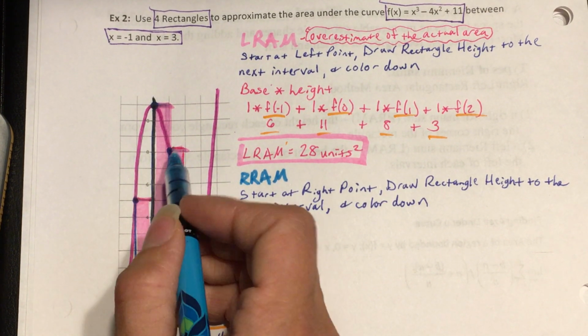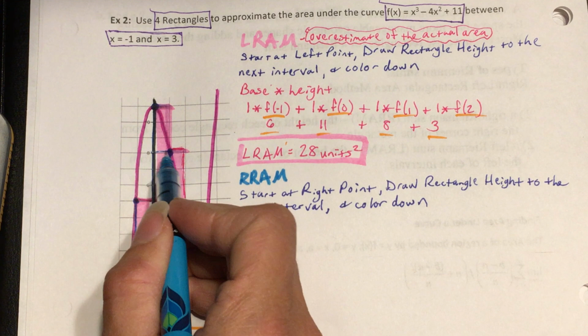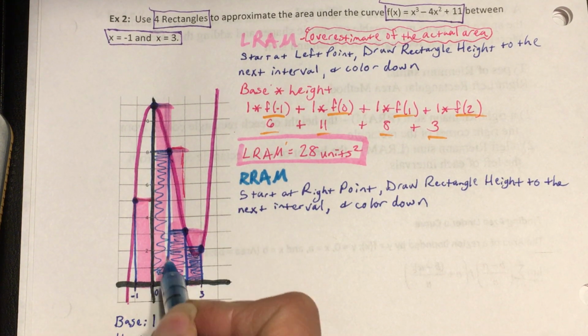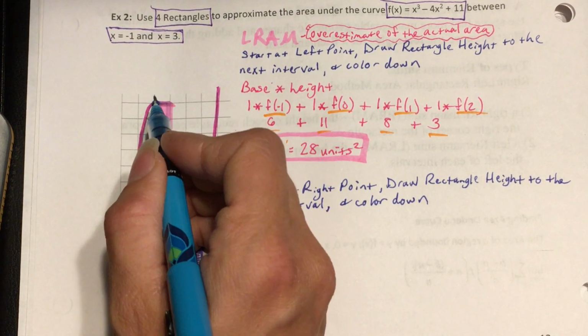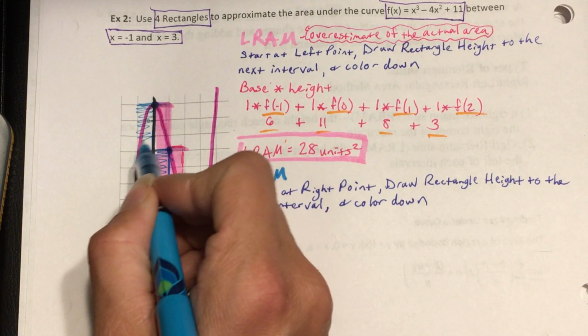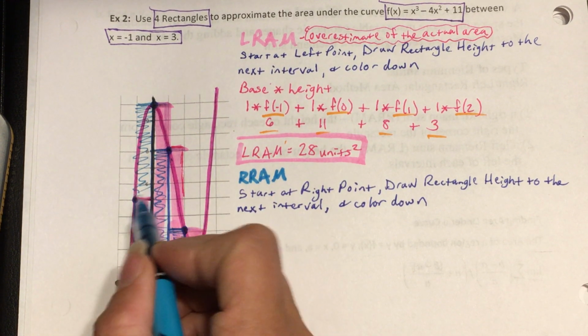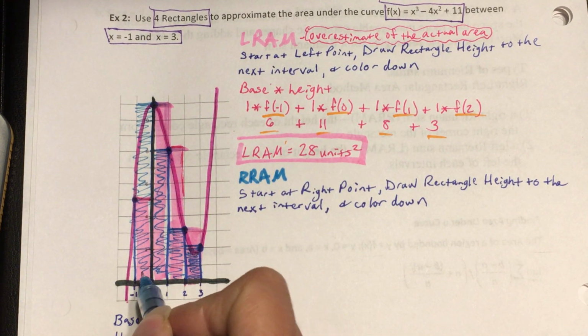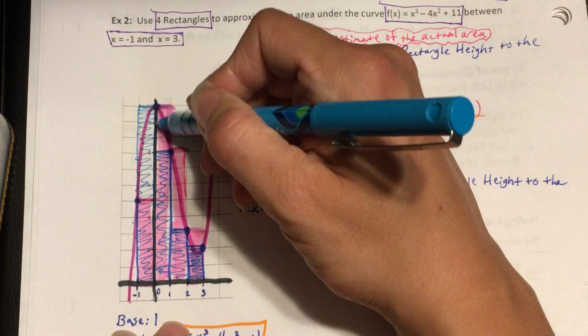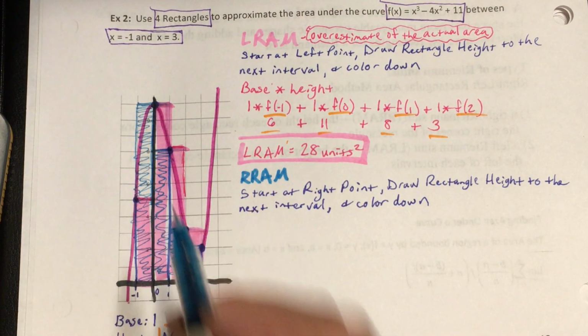Color down. This next point is our rectangle height. And then this point way up here is our rectangle height. All right, I'm going to just make this one a little bit more obvious there.